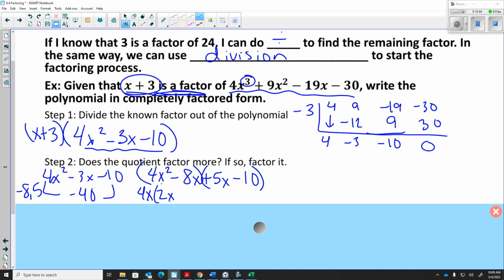And what can you take out of the second piece? Positive 5. And that would turn it into x minus 2, which is great because they match. So that means this factors to become x minus 2 times 4x plus 5.